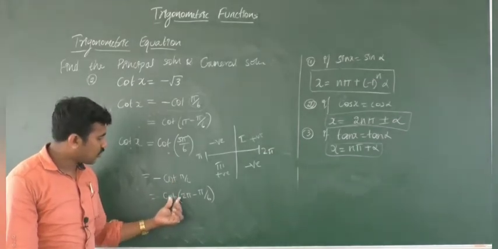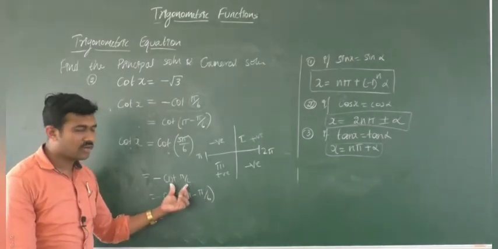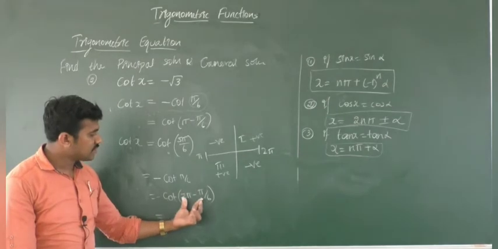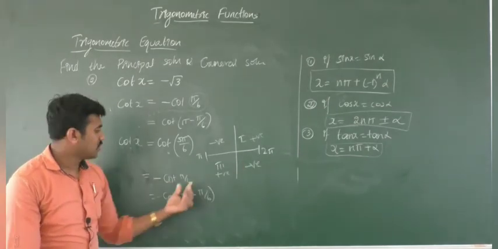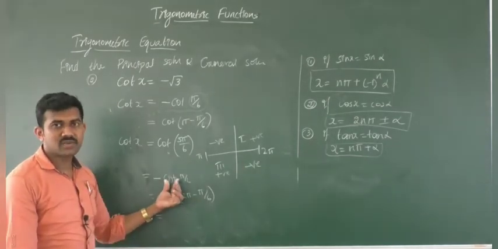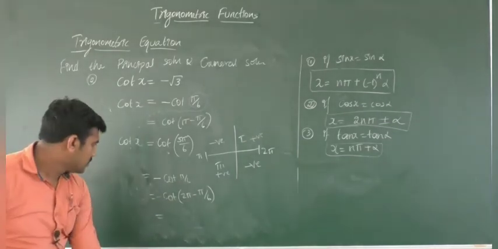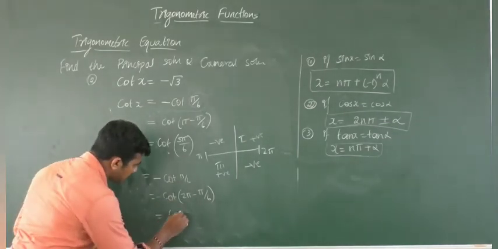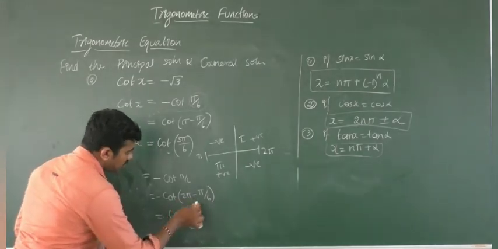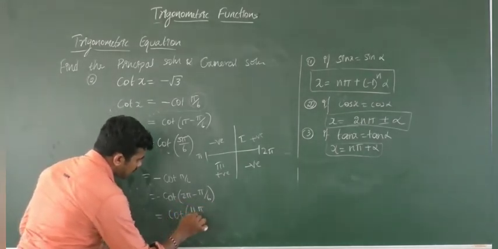So cot of 360 degree minus theta is nothing but cot theta only, and it comes in which quadrant? Fourth quadrant. So it is negative, we get minus cot pi by 6. Okay, so this is nothing but, take the LCM, 12 pi minus pi, 11 pi by 6.